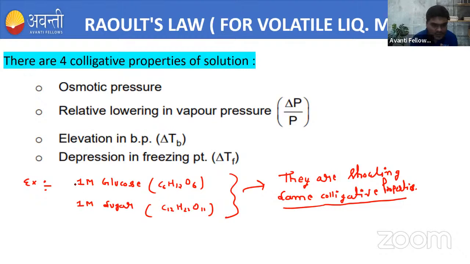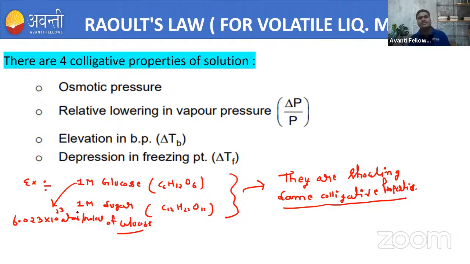So if I'm talking about 1 molar of glucose, in 1 molar of glucose we have 6.023 × 10 raised to the power 23 molecules of glucose, right? Again, in 1 molar of sugar, we also have 6.023 × 10 to the power 23 molecules of sugar.